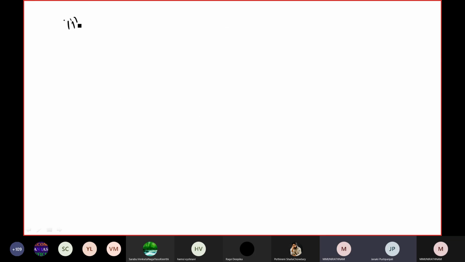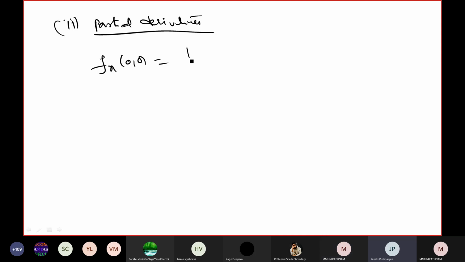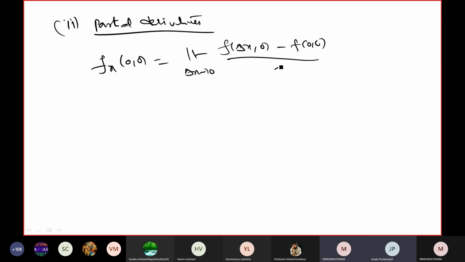Second question. So anyone, what is partial derivative fx at 0 comma 0? Limit delta x tends to 0, f of delta x comma 0 minus f of 0 comma 0 by delta x.